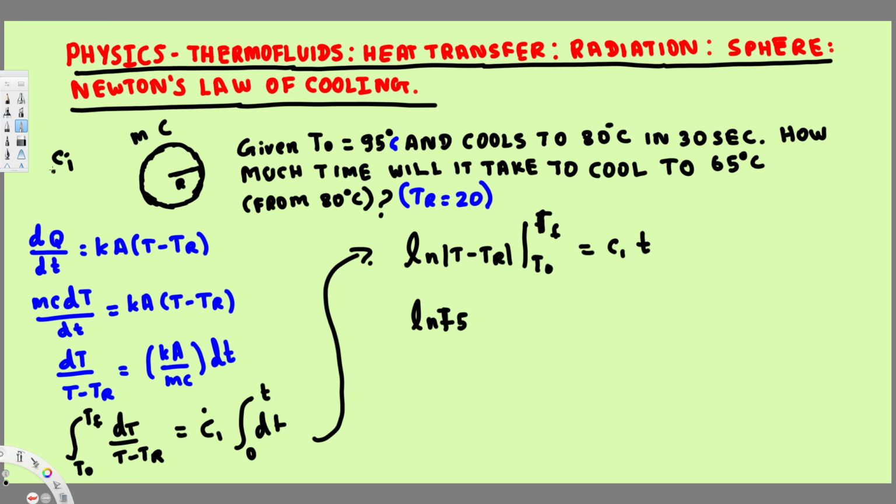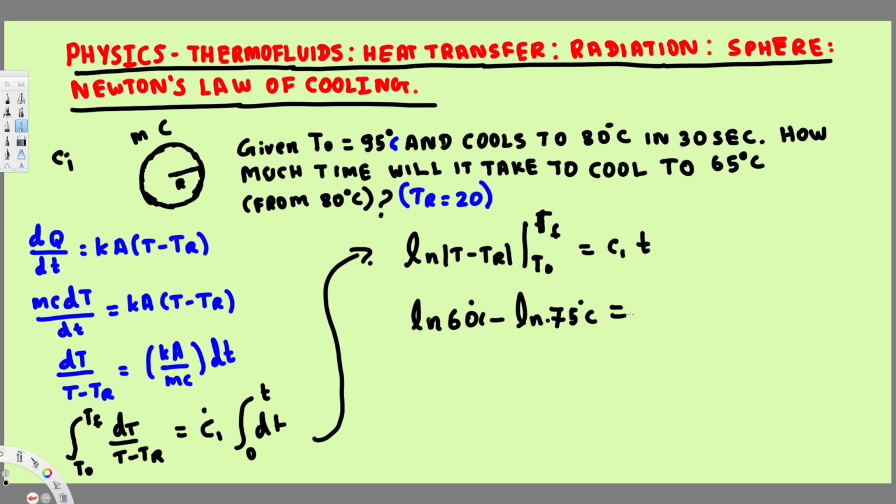So here we are going to have ln 60 degrees Celsius minus ln, the initial value is 95, 95 minus room temperature 20, that's going to give us 75. So here we are going to have 75 degrees Celsius.